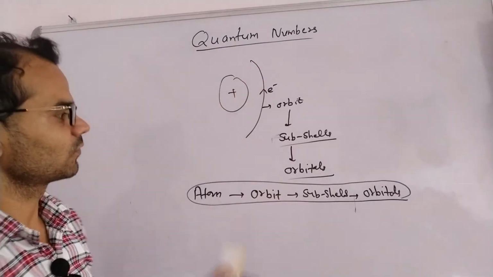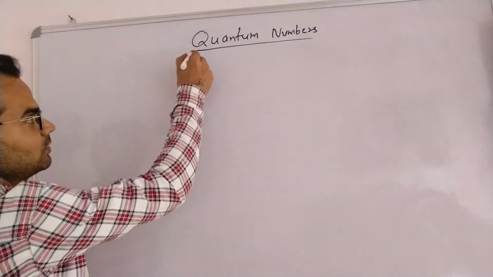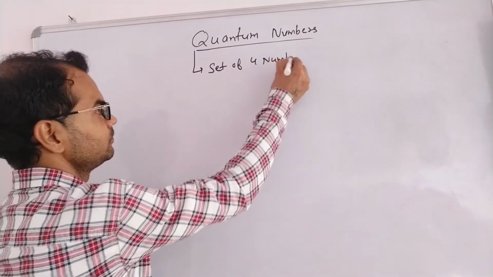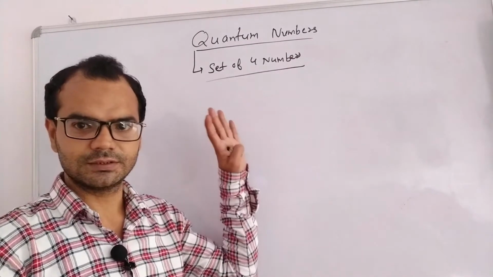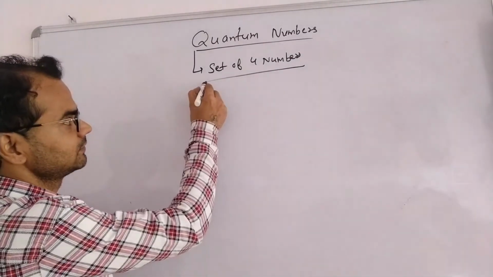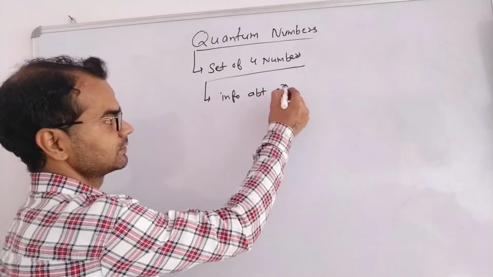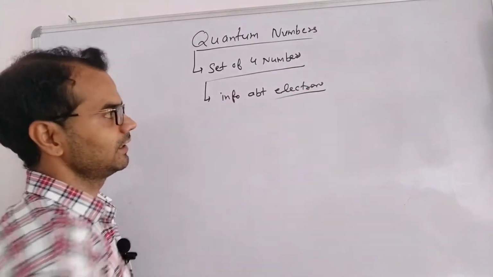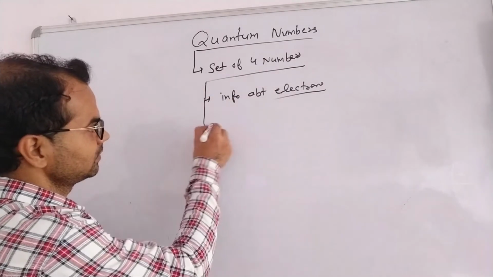So what is a quantum number? Quantum numbers are actually a set of four numbers which provide us the exact information about electrons. And what can we add in this information?